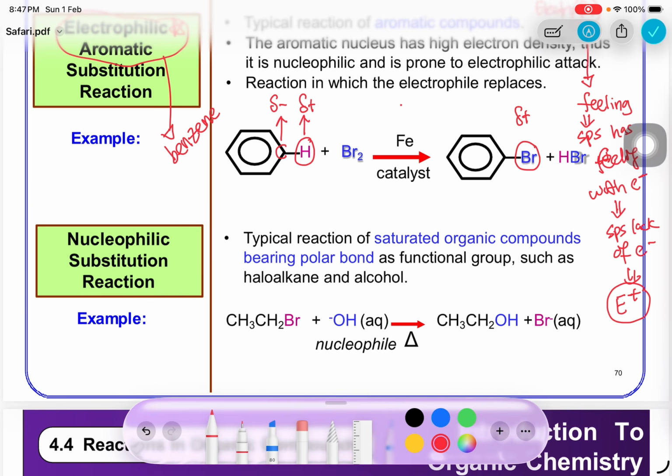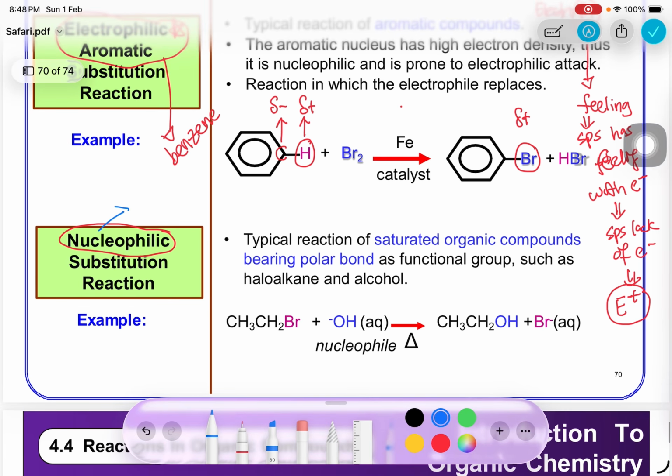Okay, the third type of substitution, we know it as nucleophilic substitution. So basically, nucleophile is the opposite of electrophile. My short form for nucleophile will be N, and then it will be negatively charged. So for example, here we can see the Br is in between the bond carbon and Br.